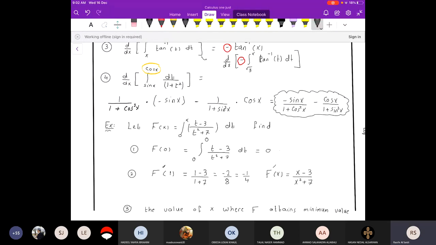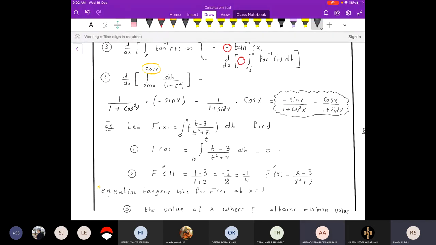If I ask you, what is the equation of a tangent line? The slope is minus one quarter. Yes. And we find the point exactly at x equals 1. But here now you need to integrate from 0 to 1.